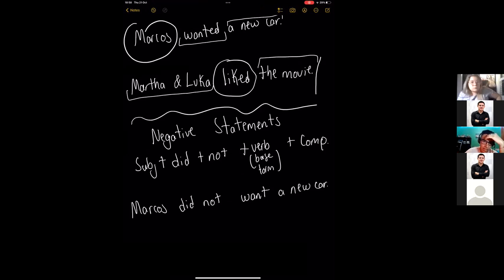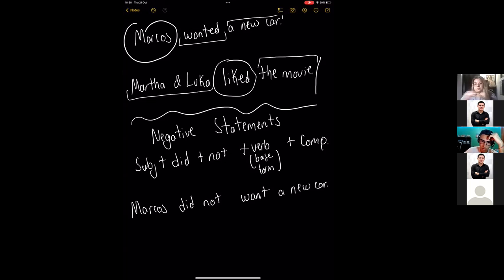Dice que ahí donde escribió C, subject did, más not, más verb, base, ahí queda. Form. Yes. The base form is the form of the verb without being modified, meaning you don't have to add any S, any D, anything.